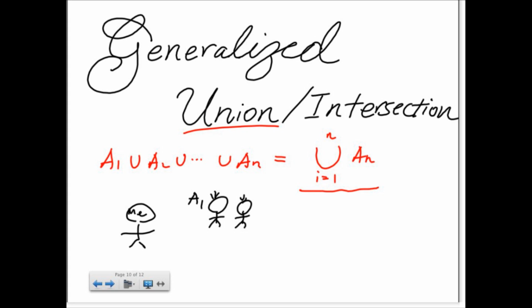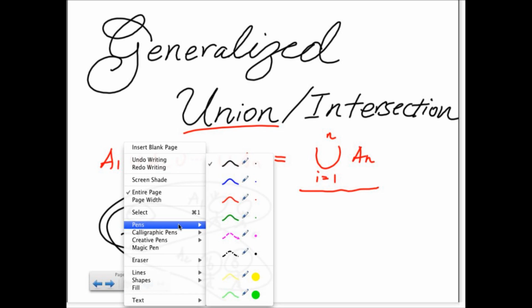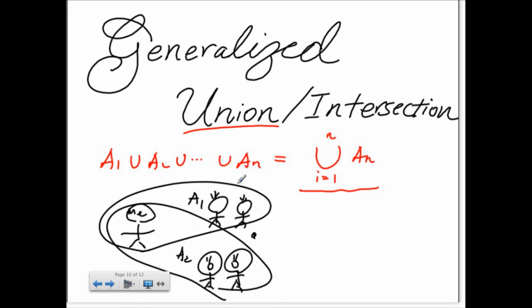I have some friends called A2, they have open mouths. And they don't know each other, but I know them. So, if we do generalized union, then it will be all of us.